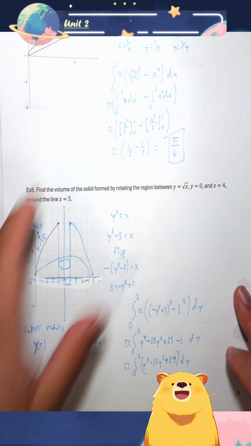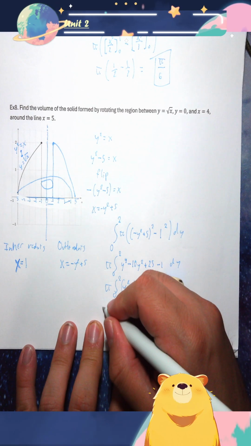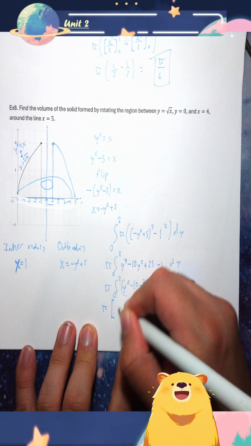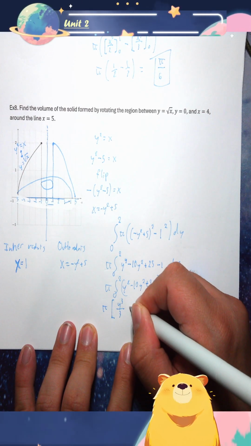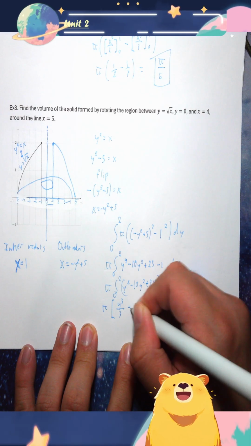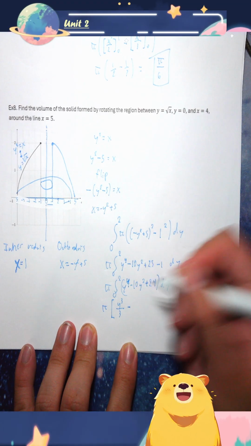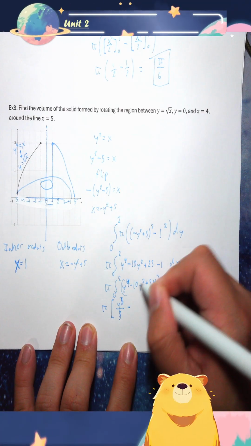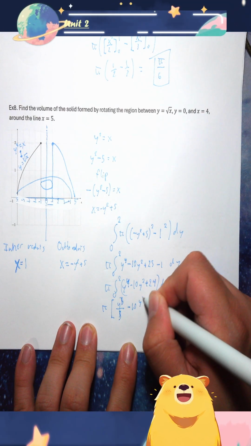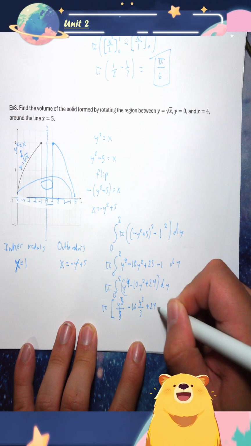I'm going to practice not separating these just to see if we can do it. So we have y to the power of 3 over 3, minus, oh wait, that's a 4. Force of habit when I do a quadratic, so that's going to be y to the power of 5 over 5, minus 10 of y to the power of 3 over 3, and then plus 24y.